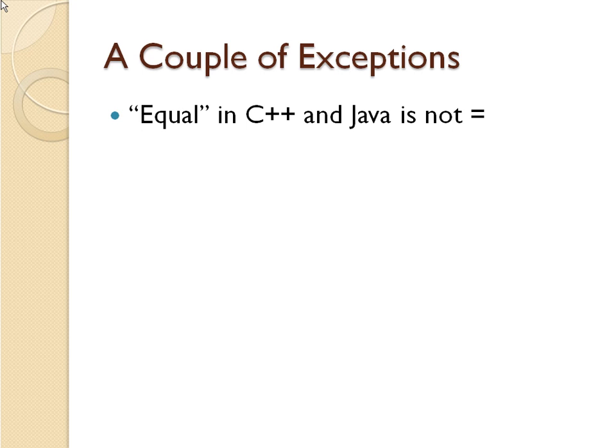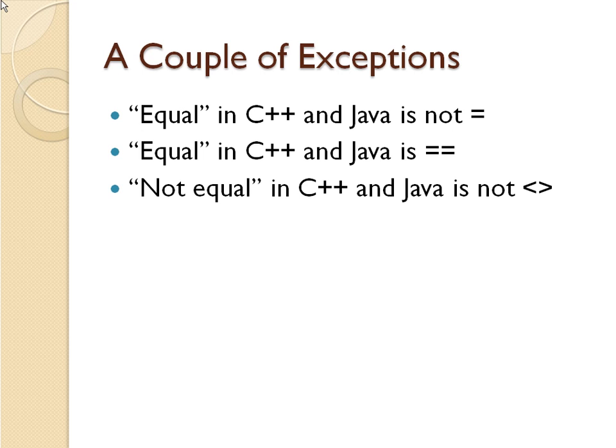In fact, the single equal sign in C++ and Java is what they call an assignment, and it makes the item on the left side of the equal sign contain what's on the right side, even if it's in an if statement. When you have a condition with an if statement in Java, you have to use two equal signs. Trust me, this is a test question about every exam. Somehow it's buried in there.